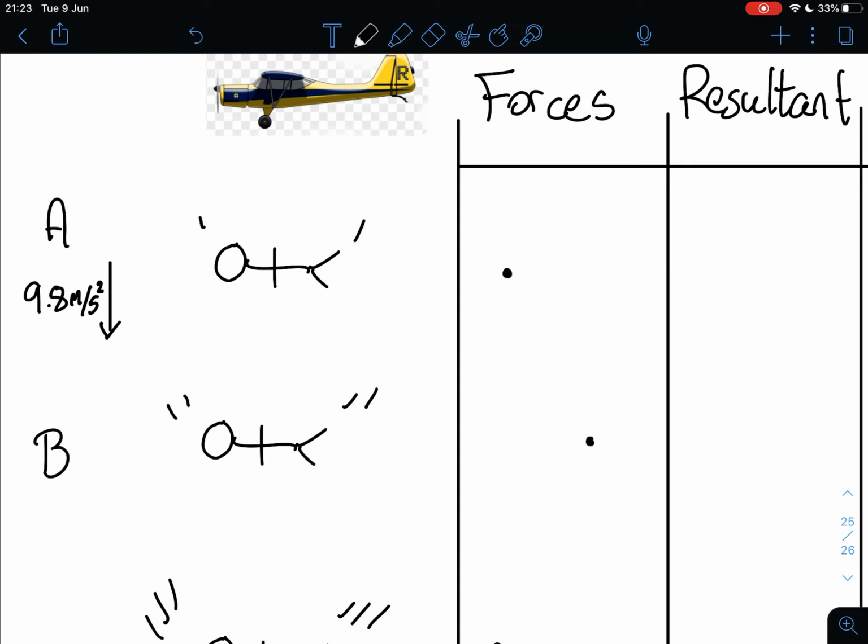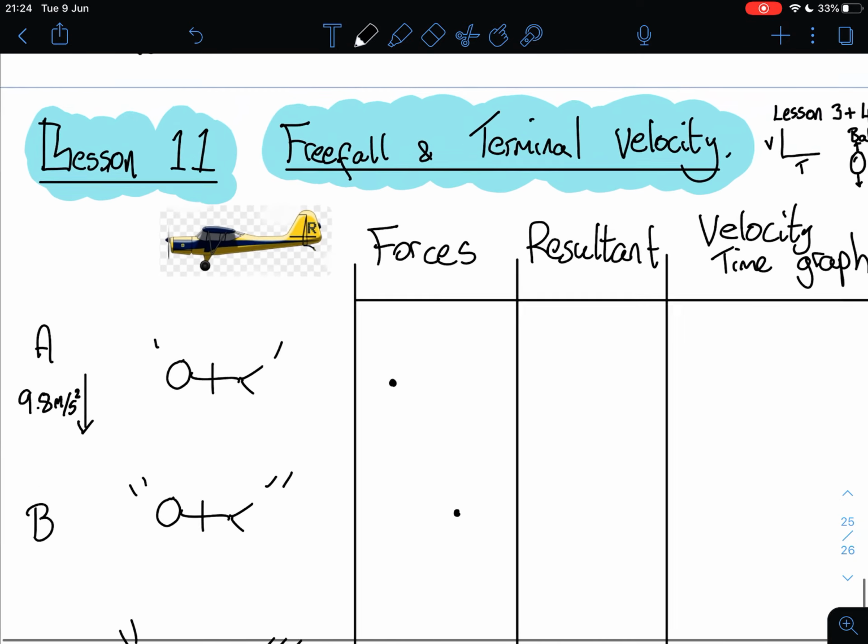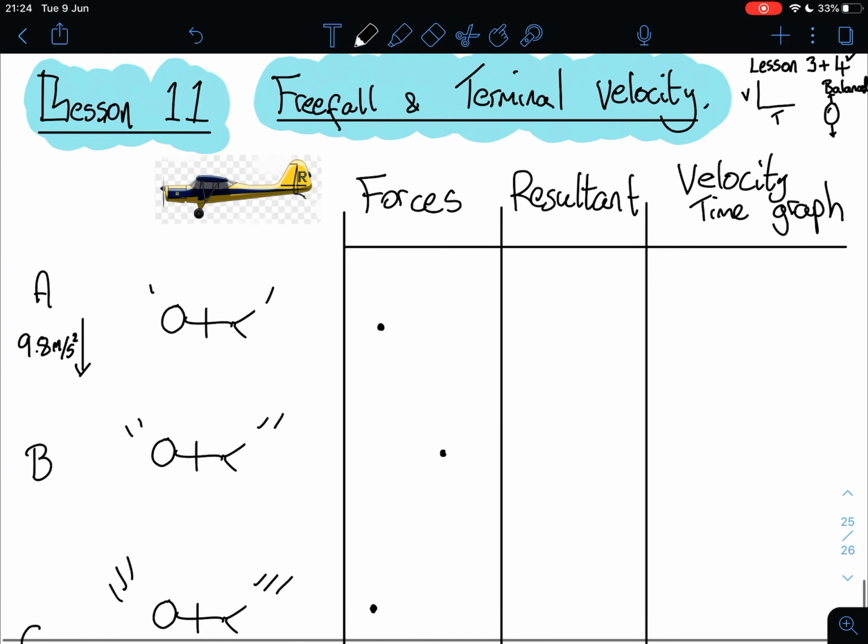If we lived on a planet with no atmosphere, you would get faster every second by 9.8 meters per second. But we live in an atmosphere, so acting on everything that falls is a certain amount of air resistance. Today we're going to look at what happens as an object falls and approaches its terminal velocity, that speed at which it can't get any faster.